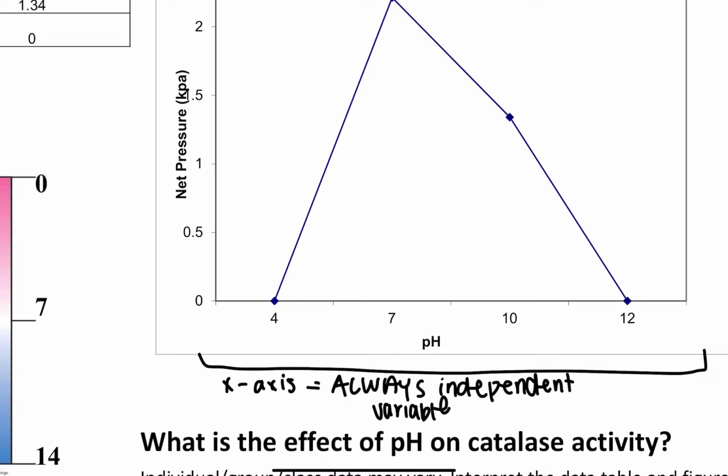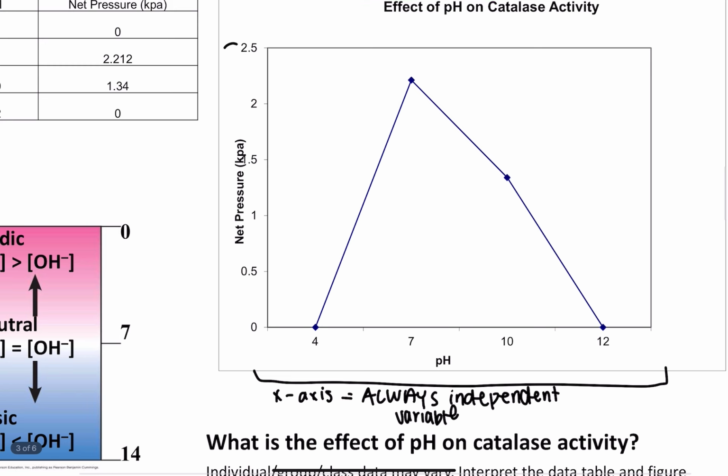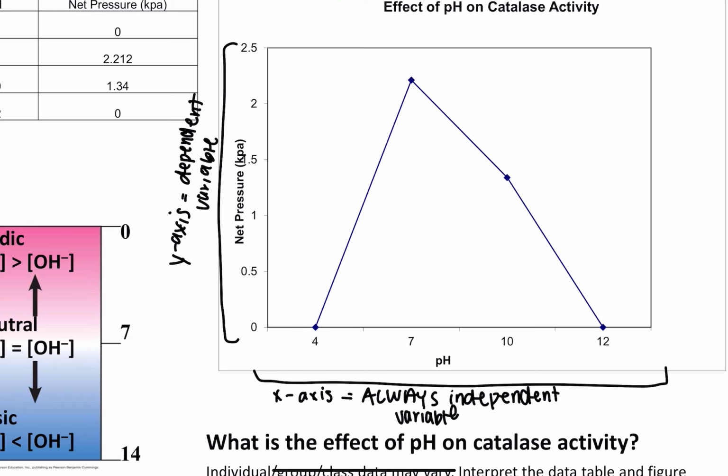Remember that our independent variable is what we are changing. And our y-axis is always going to show the dependent variable. The dependent variable is always what we are measuring. And in this case, what we're measuring is always going to be oxygen gas production.